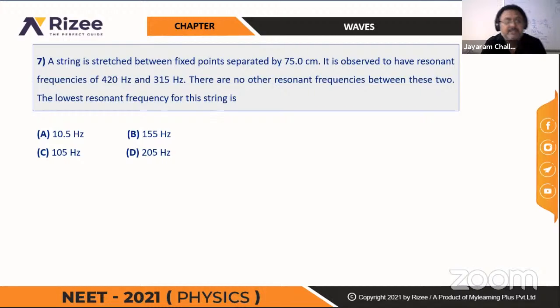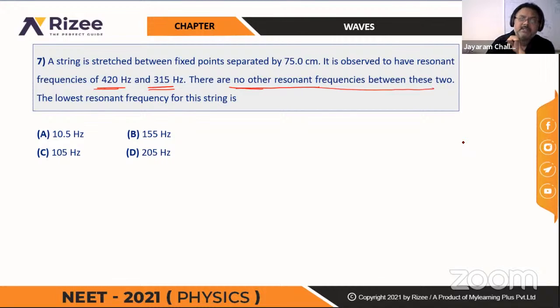A string is stretched between two points which are separated by 75 centimeters. It is observed to have resonant frequencies, that means at 420 hertz he is getting resonance, and 315 also is a resonance. No other resonant frequencies are in between the two.